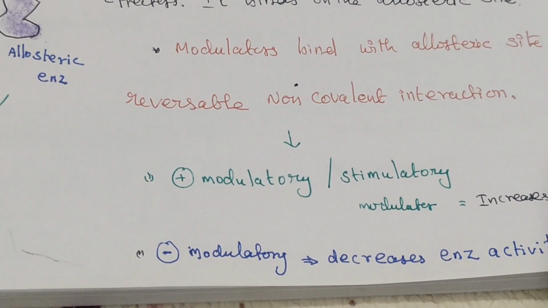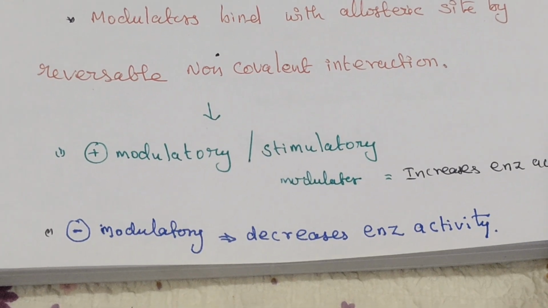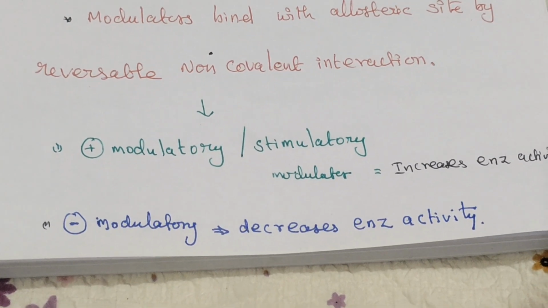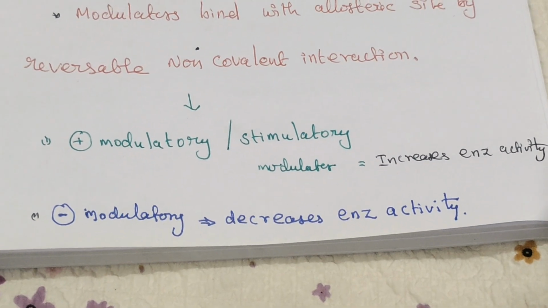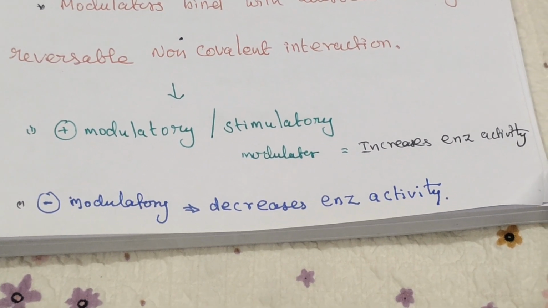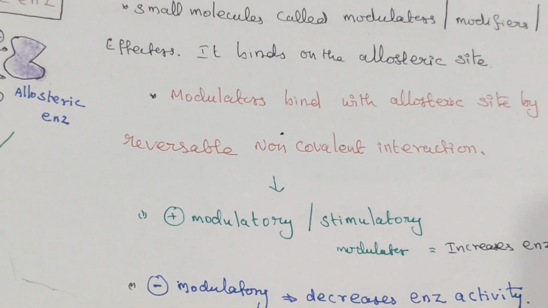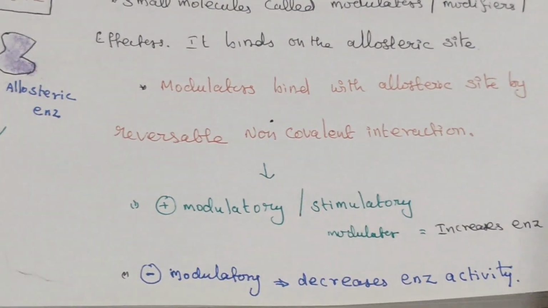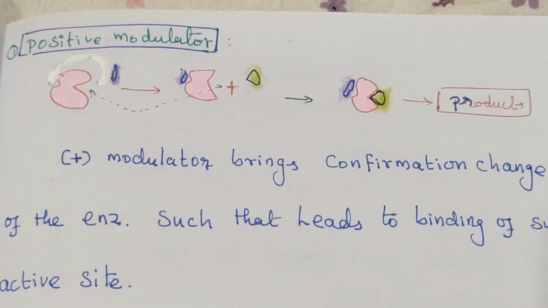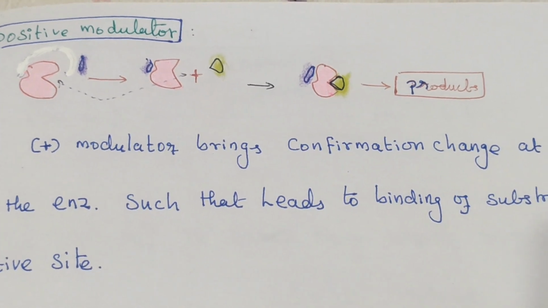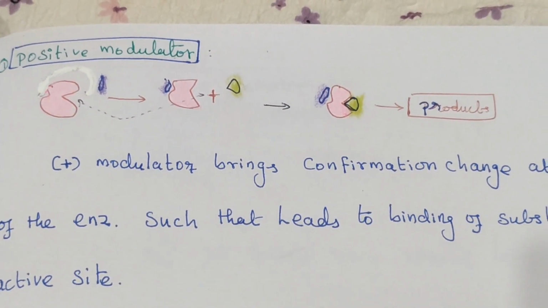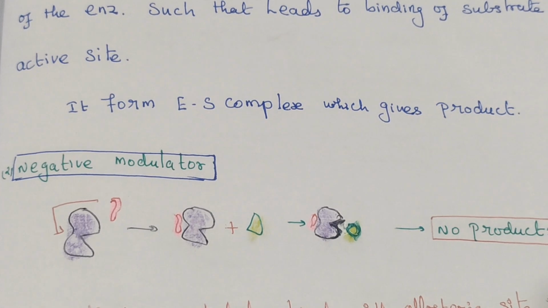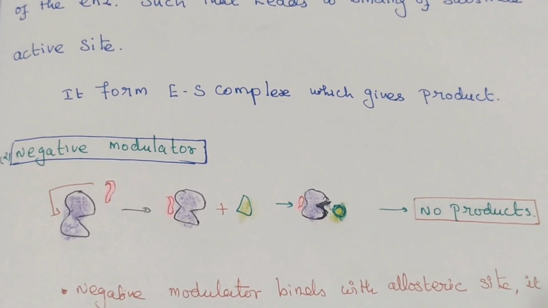Based on the effect of the modulator, these are classified into two types: positive modulator or stimulatory modulator, which increases enzyme activity, whereas negative modulator or inhibitory modulator decreases the activity of the enzyme.